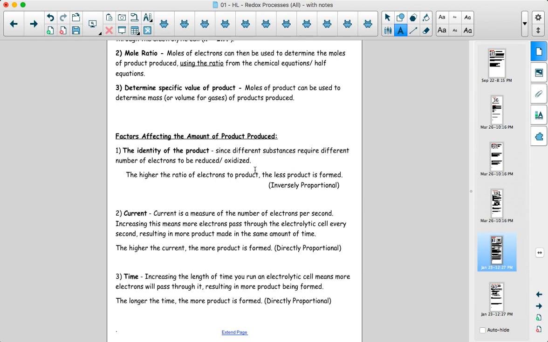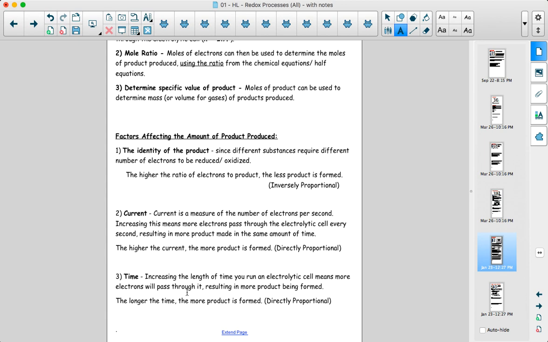So that's the first thing. The identity of the product has a major impact on the amount of product that gets formed with a given amount of electricity. The other values that will increase the amount of product are the current and the time, and they both have a directly proportional relationship with the amount of product. If you double the current, then the rate of electricity is twice as high, therefore you'll produce twice as much product in the same amount of time.